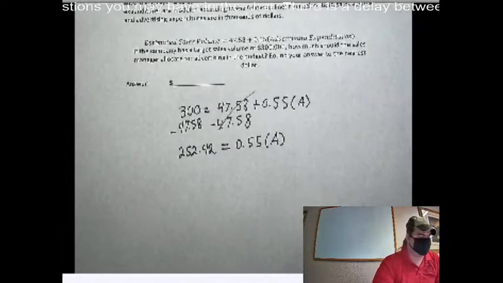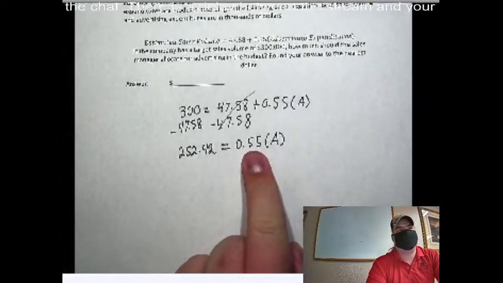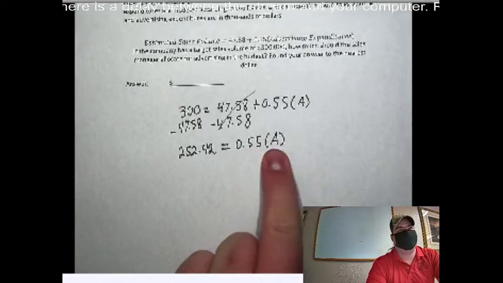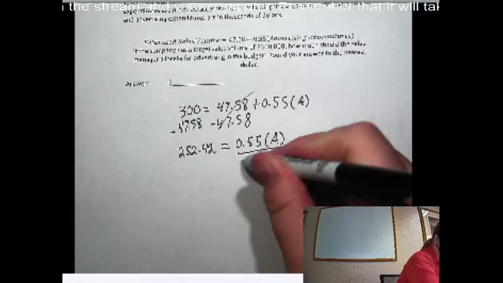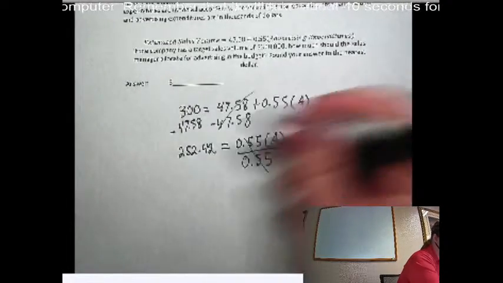And now we need to get rid of the 0.55 from A. Right now it's multiplying by A. We need to divide. So that should cancel there.